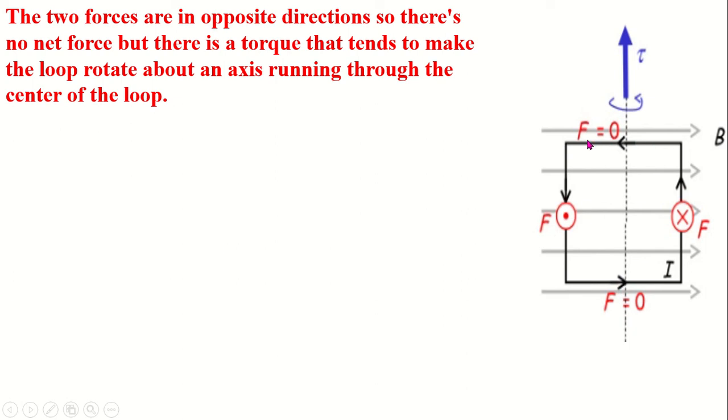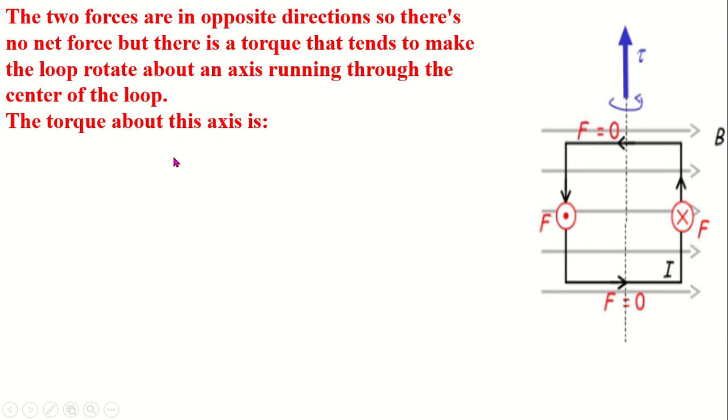So for this reason, at these two arms the force will be 0, but here we get one force in the outward direction, and here we get one force in the inward direction. And their lines of action not being in the same straight line, that's why the loop will experience the net torque and the loop will rotate around this axis.